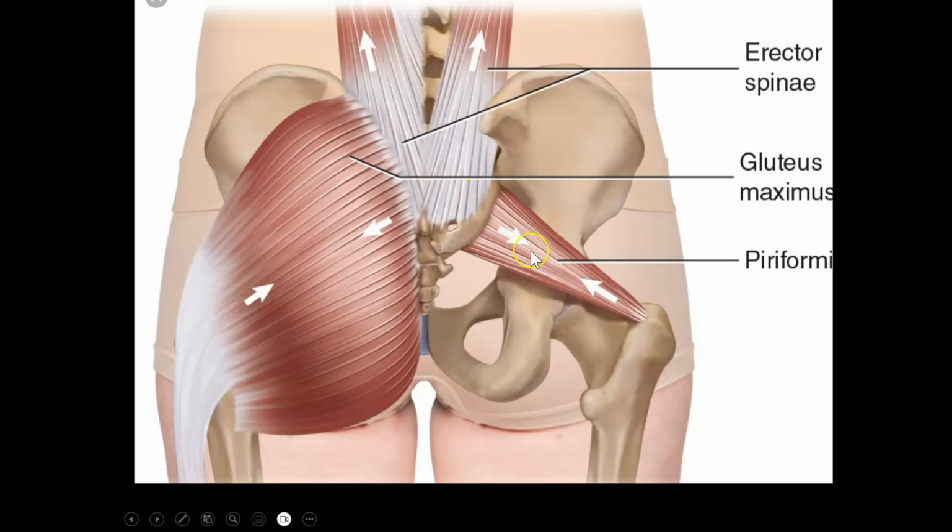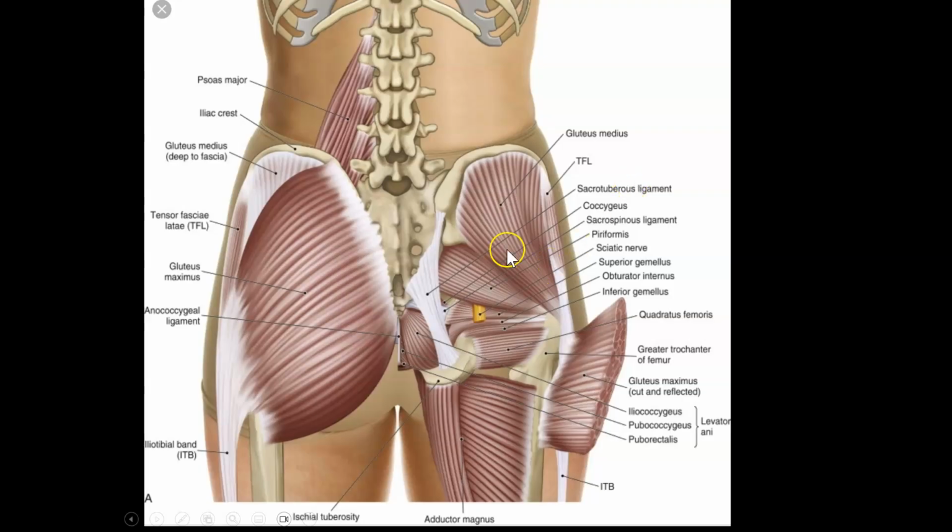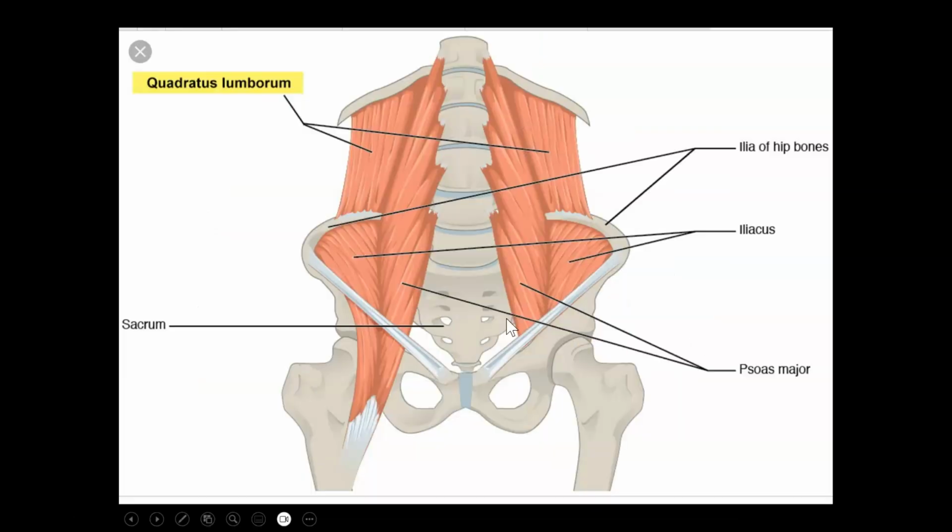They are all related to the piriformis coming out from the greater sciatic foramen, so it is very close to the sacrum. And of course, you have the other muscles closely related, the obturator internus, obturator externus with the two gemelli, and the quadratus femoris, deep, and the gluteus maximus, superficial.